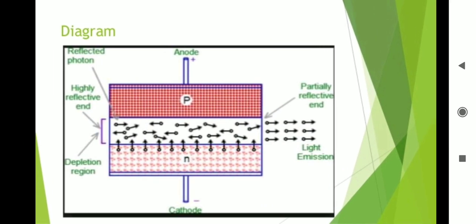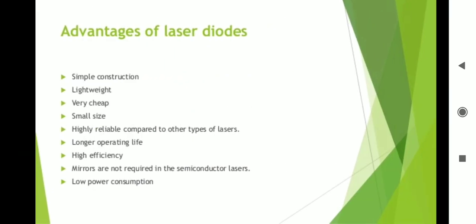So this is the construction diagram you can draw with the block. These are some advantages of laser diode: simple construction, lightweight, very cheap, small size, longer operation life, higher efficiency.